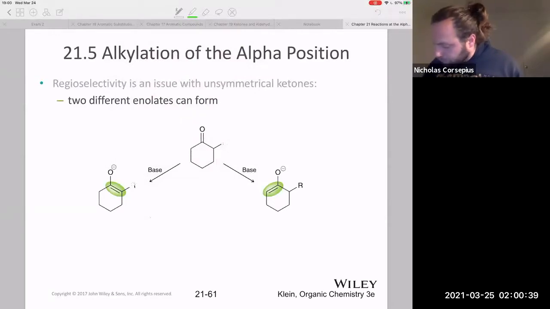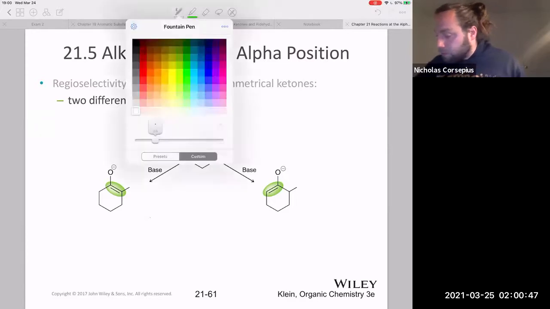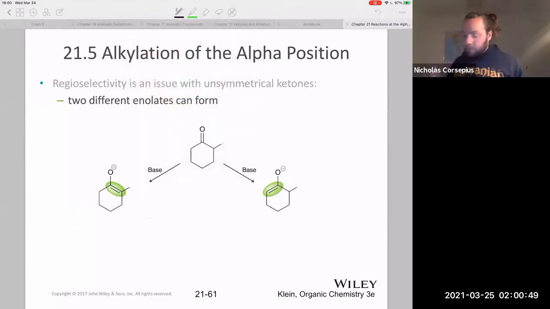You have two different enolate ions that could form, right? And this is, of course, the resonance contributor where the negative charge is on the oxygen, and there's that double bond there.